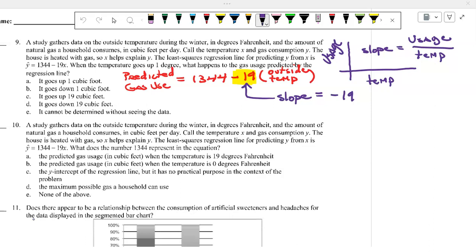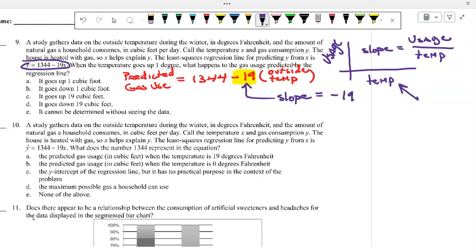The least squares regression line for predicting y from x is given by this equation. Okay, when the temperature goes up 1 degree, what happens to the gas consumption? Well, that is the same as the slope. The slope describes what happens when x increases by 1.